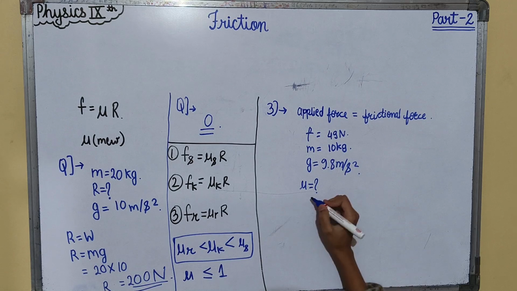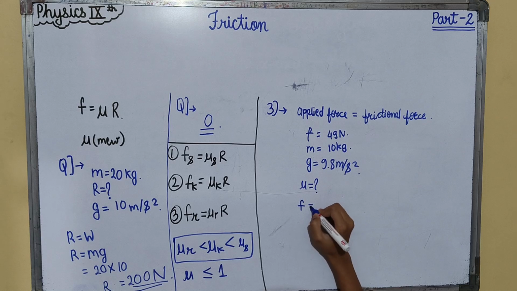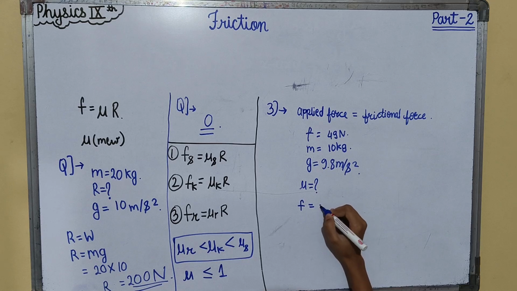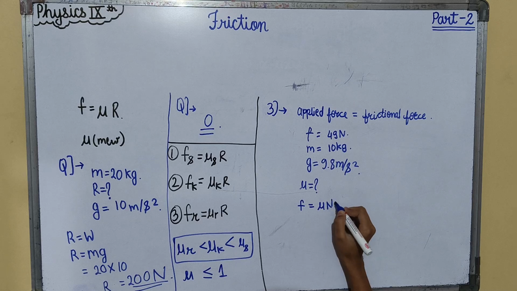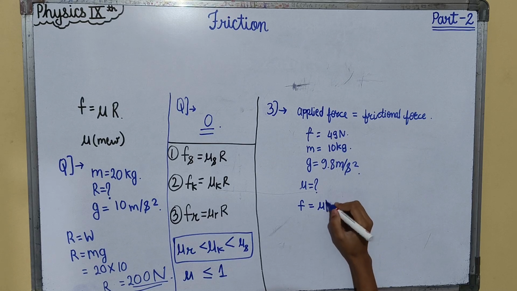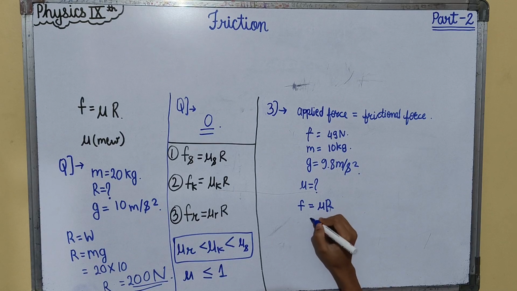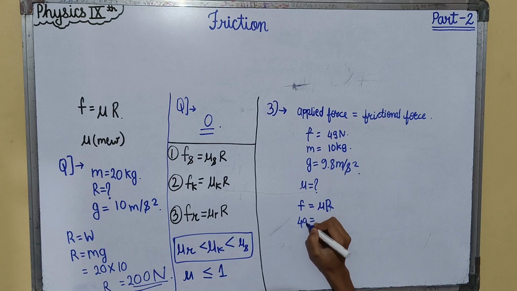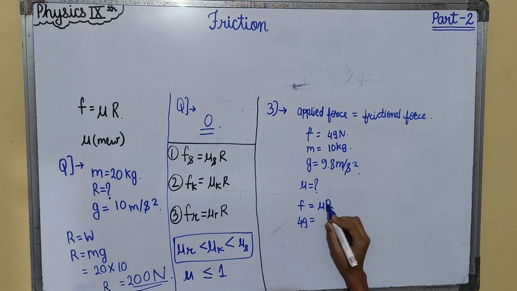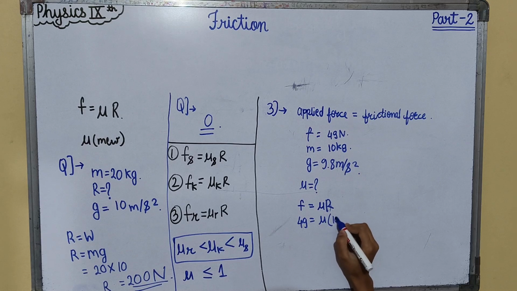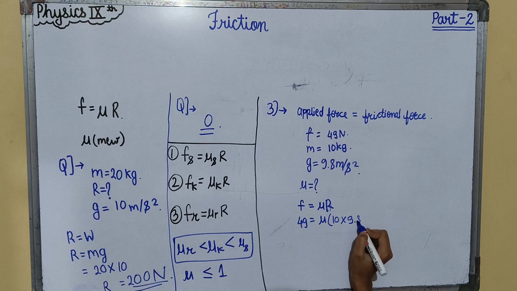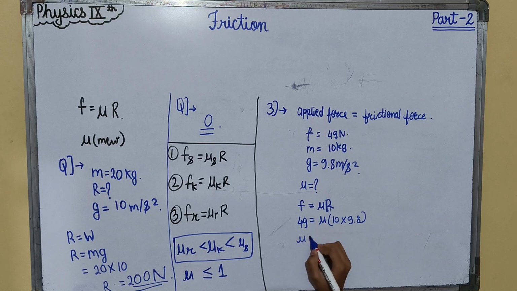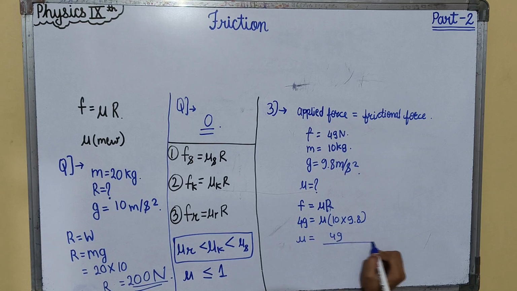So frictional force F is equal to mu into normal reaction, or we can write R. So we know frictional force is 49 Newton equal to mu into normal reaction, which is M into G, that is 10 into 9.8. We transpose, and we get mu is equal to 49 by 10 into 9.8.